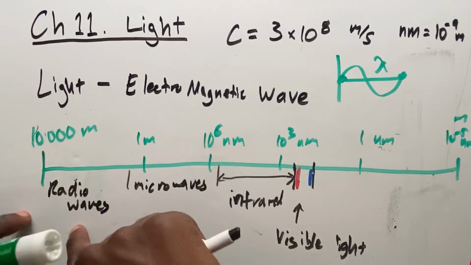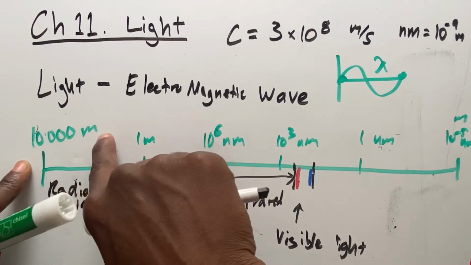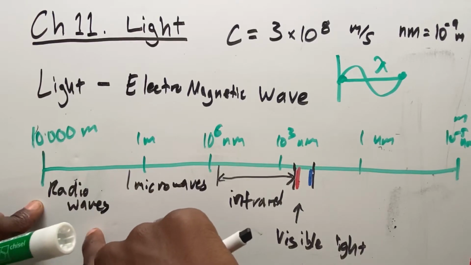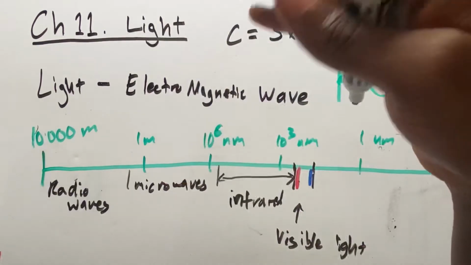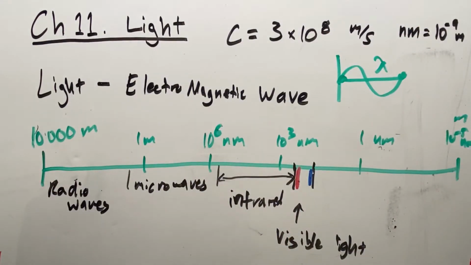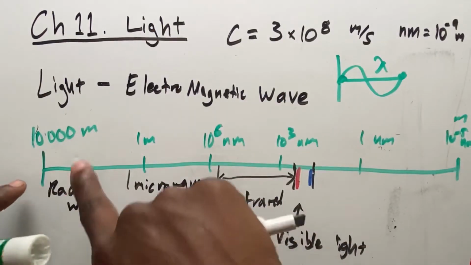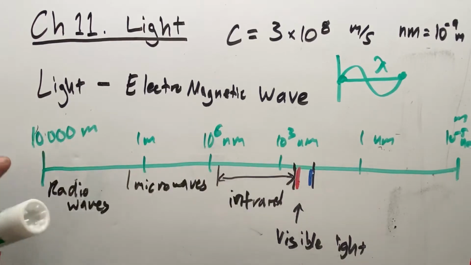And so you can see these radio waves have very, very long wavelengths, up to the tens of thousands. And that's because radio waves have to travel long distances, all over the earth. Radio waves is how we communicate through cell phone towers, broadcasting signals, etc., all that. So all those kind of waves have to travel long distances, which is why radio waves have these long wavelengths.